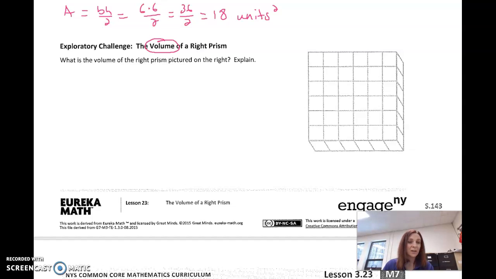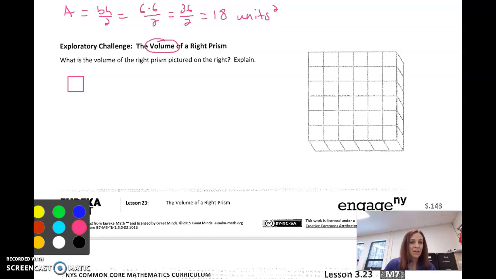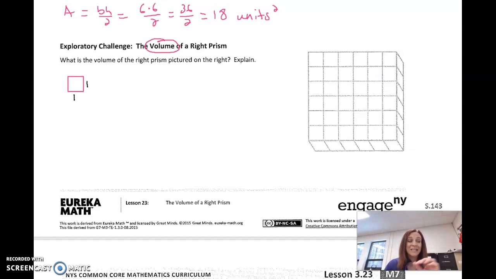Well, to show you the difference, this right here would be a 1 by 1 unit square.